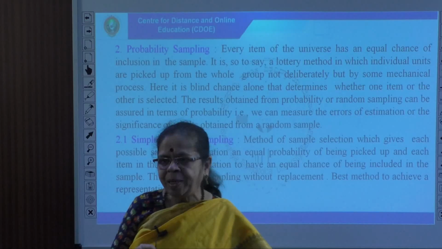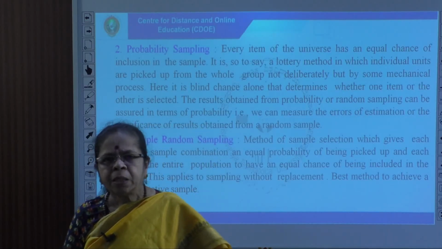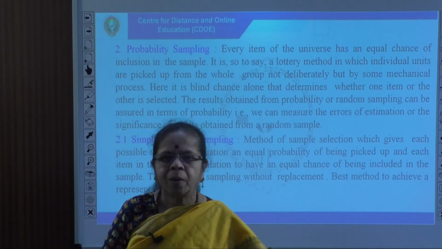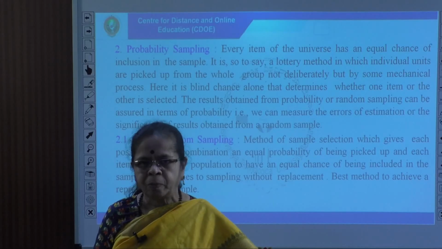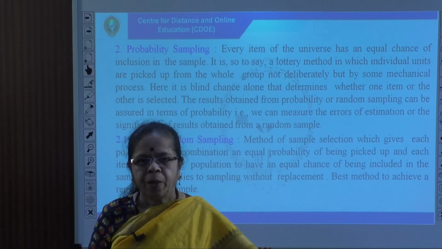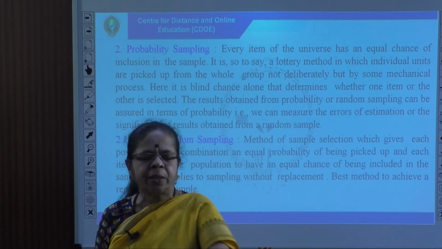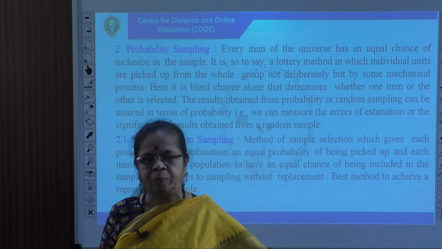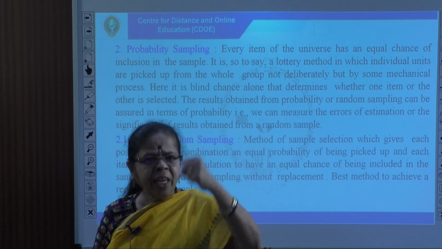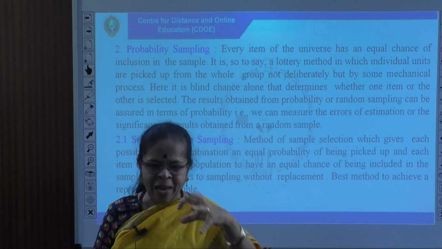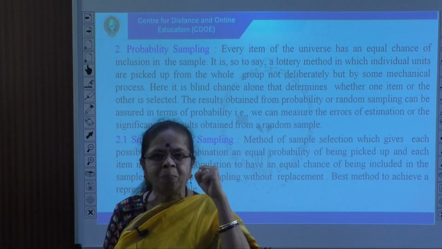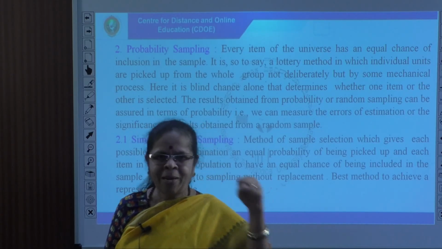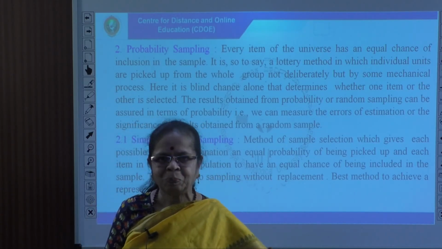Now what is probability sampling? Very simple. Supposing I have 10 colors of balls. I put them in a bag, close my eyes, randomly shake the bag and take out a ball. It could be any of the 10 colors. So every ball has an equal probability of being picked. Now I can say it is sampled.